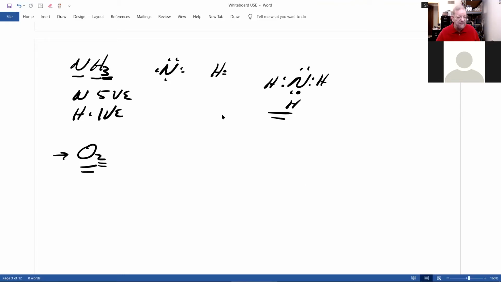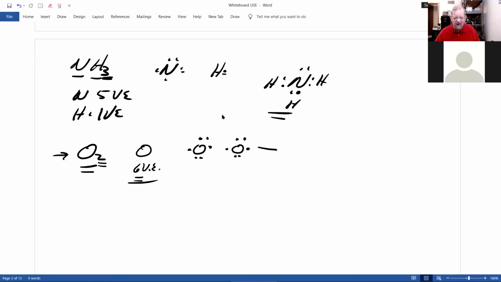How do you do that? Well, each oxygen has 6 valence electrons, which you look up on the periodic table. We did that earlier. And here I have my 2 oxygen atoms. Each one has 6 valence electrons.